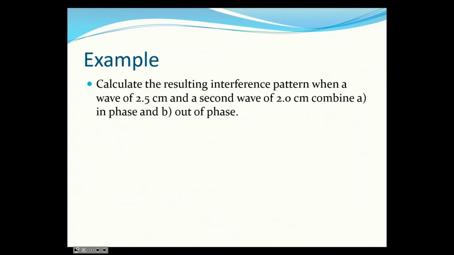So calculate the resulting interference pattern when a wave of 2.5 centimeters and a second wave of 2 centimeters combine in phase and then out of phase. Okay, so I think this will be easier if I draw this on my whiteboard. So that's what I will do.